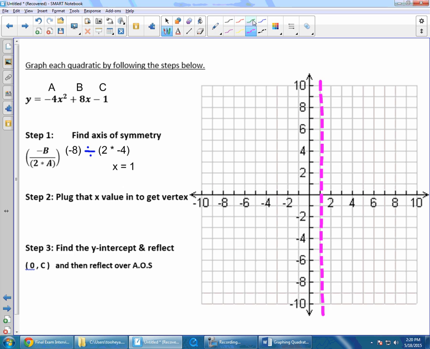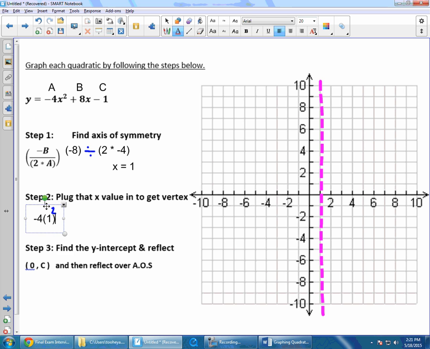Now it says plug that x value in to get the vertex. So I go back to my original equation, and I type in everything I need to make it look just like that, except the only difference is instead of writing x, I'm going to put in parentheses what my number was.